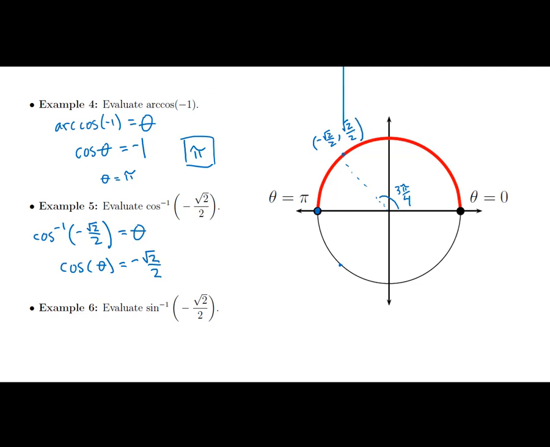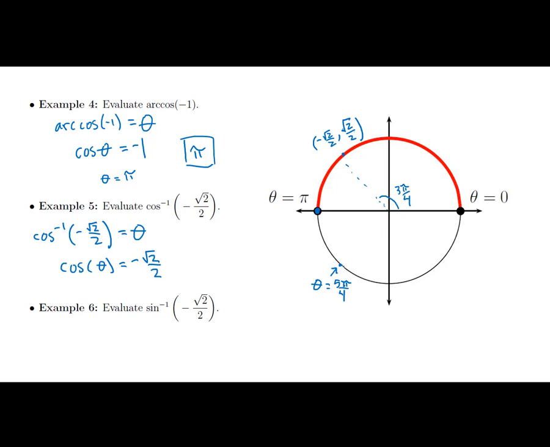But of course, we also see it down below in the third quadrant. Excuse me, let me fix that real quick. In the third quadrant, we see it down here, and that would correspond to an angle of 5 pi over 4. Okay, and that would also have a cosine or an x value of -√2/2.